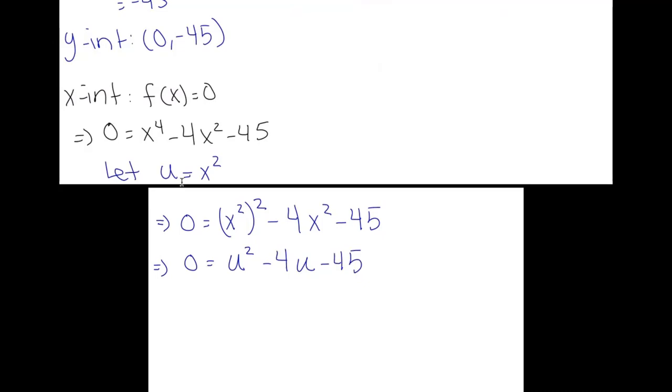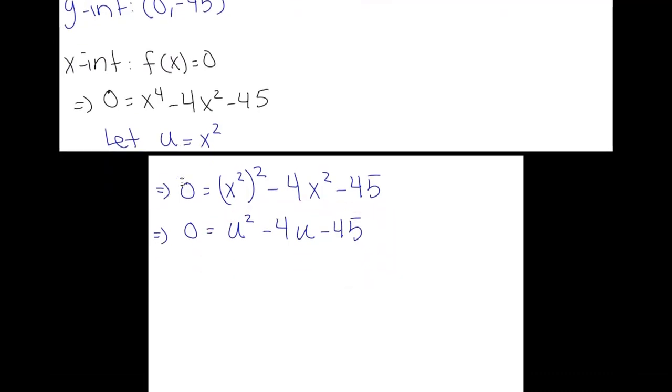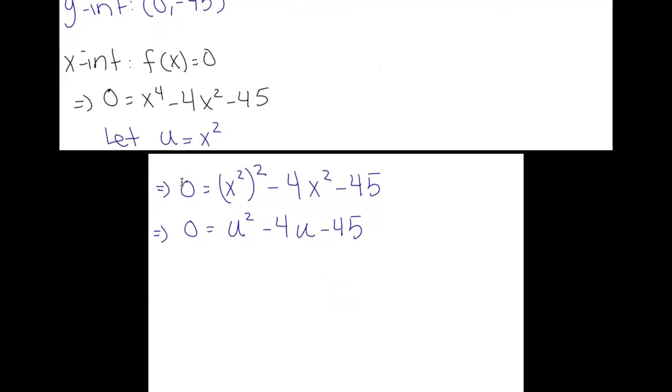Okay. This is a quadratic. I know how to factor that. So you can either use the quadratic formula, completing the square, or you can just factor it, because this does factor. And this ends up being u minus 9 times u plus 5. But now we have to substitute back in, because I don't want u, I'm solving for x.